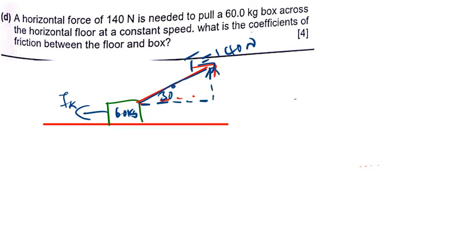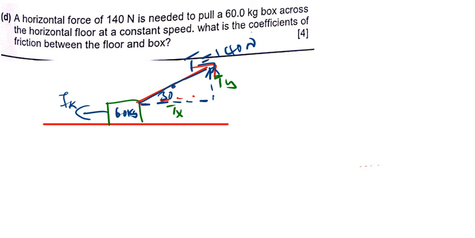I want you to see what's happening here. Definitely this is going to be your Tx, this is going to be your Ty. So in this case, you can clearly see that when you have a force in this direction, it is moving in both x and y direction.